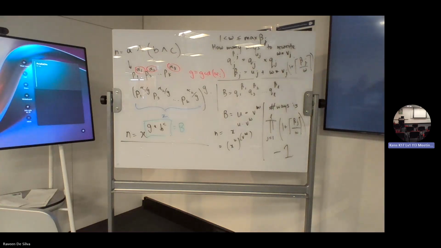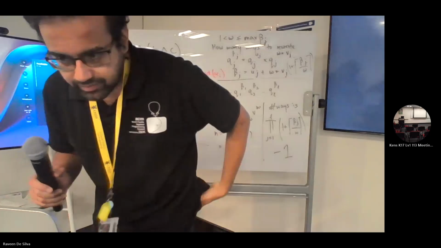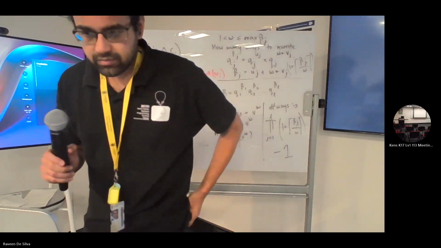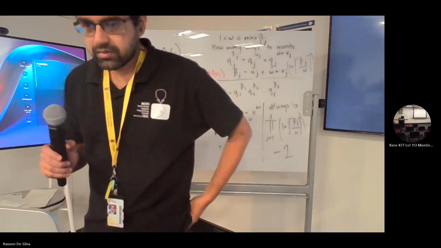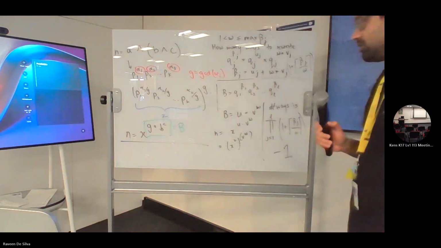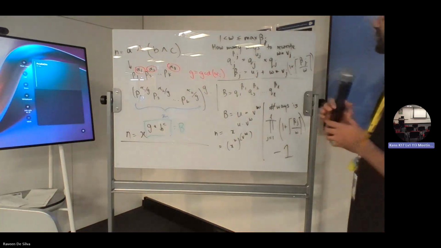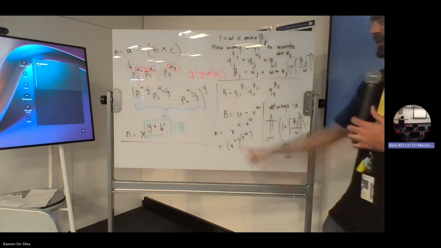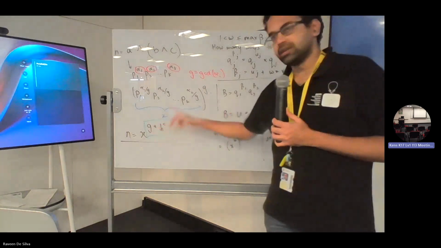Wait, what are the arguments for the recursion again? Sorry? What are the arguments for the recursion? Okay, so we have worked out the number of ways to split up B into something times a power.